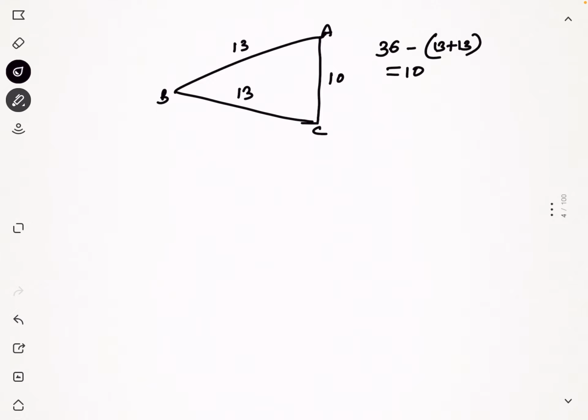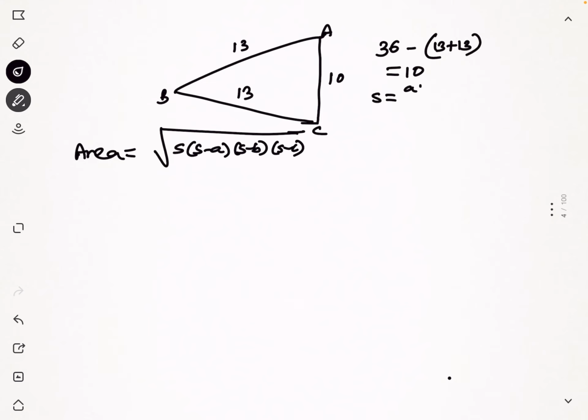Now we know that area is equal to square root of S into S minus A into S minus B into S minus C, where small a, b, c are the sides of the triangle. Now here S will be A plus B plus C by 2, which will be 13 plus 13, 26, plus 10.